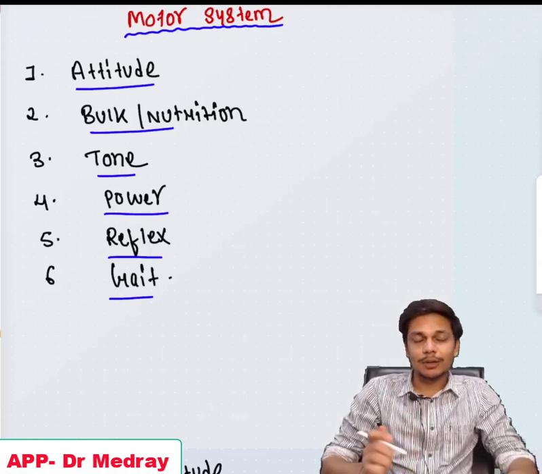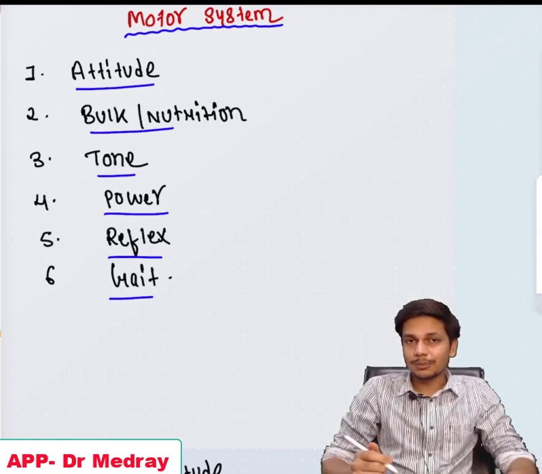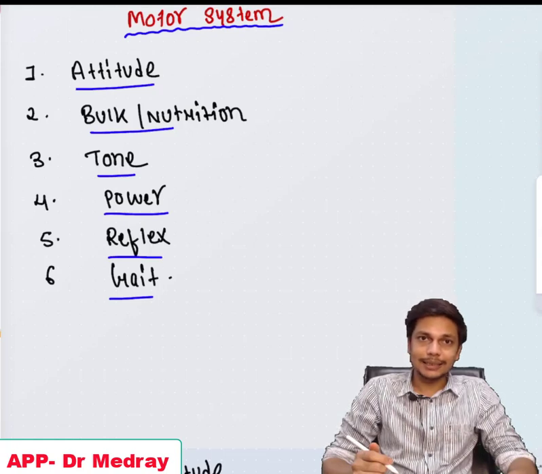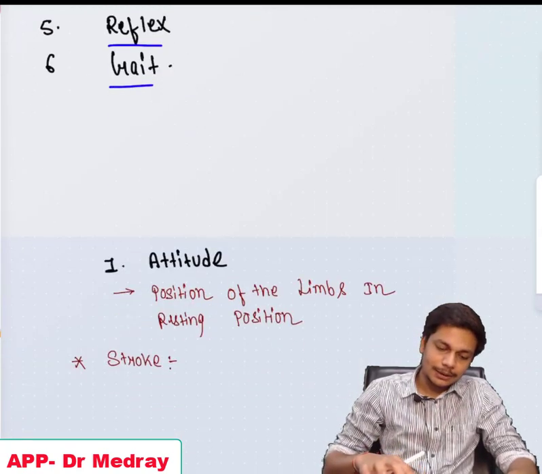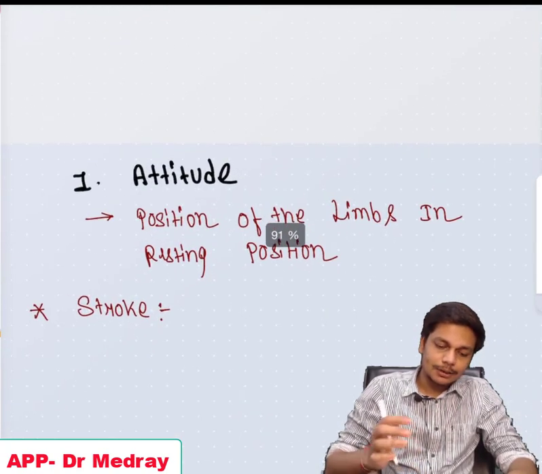Let us discuss one by one how to do the motor system examination, what findings we can expect, and how to interpret those findings to come to a neurological diagnosis. Let us first discuss the attitude of the patient.